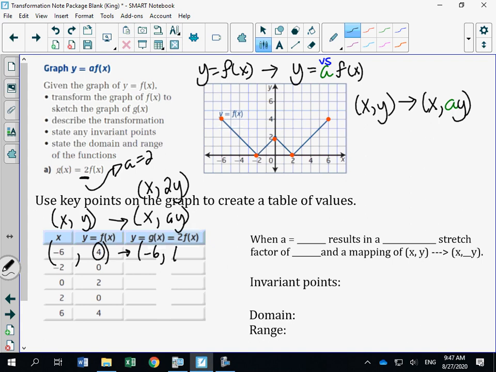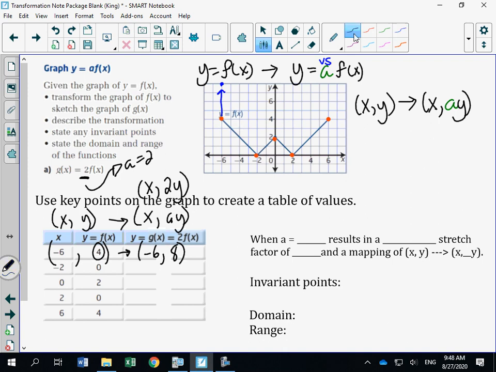So 4 times 2 is 8. So it's whatever the y value is times 2. So this point here is now going to be at -6, 8. So this point stretched up, and that's my new point.